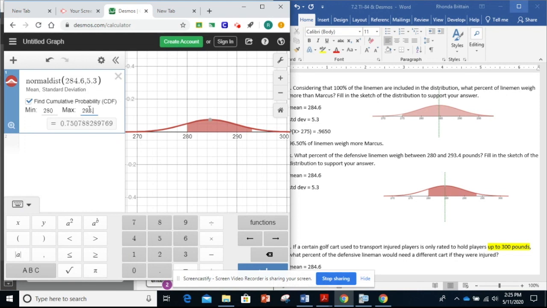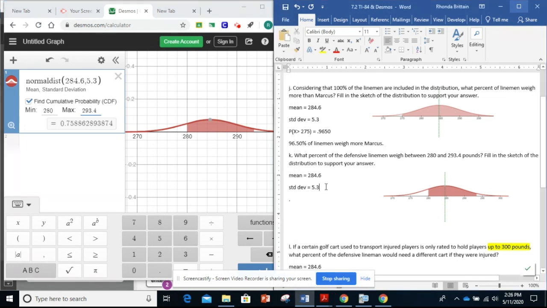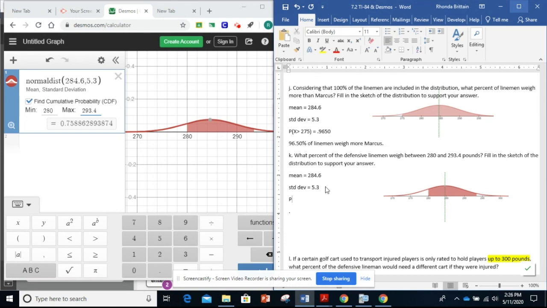So those are the numbers that we're going to be shading in between. And so this total area under the curve would give us the population percentage. So if I write my probability statement, it would be the probability that my values are between 280 and 293.4.